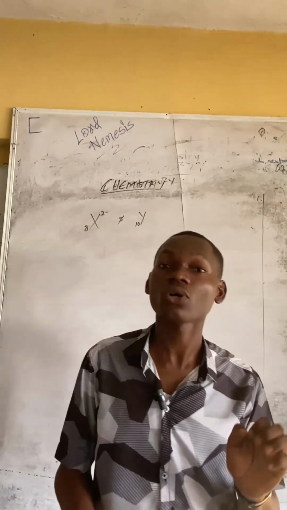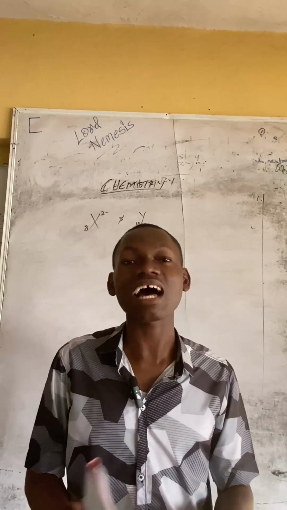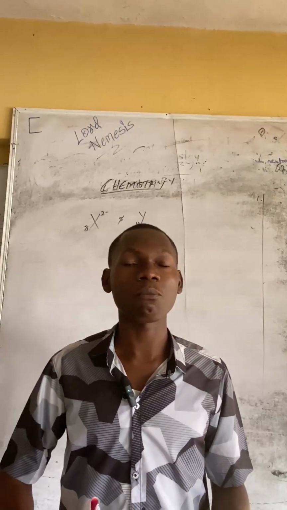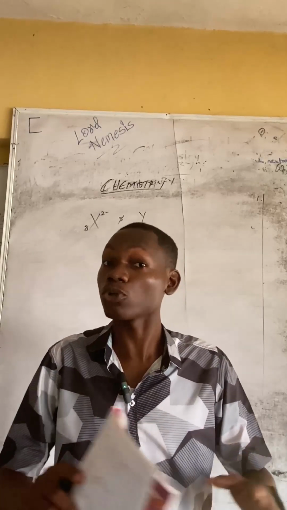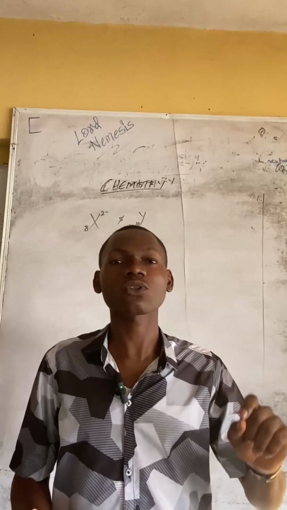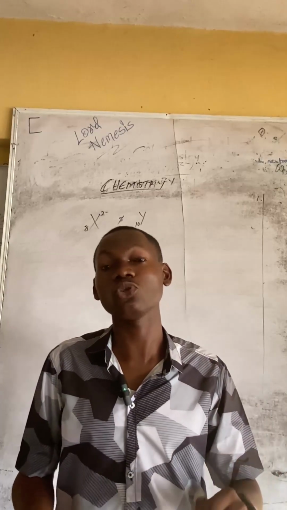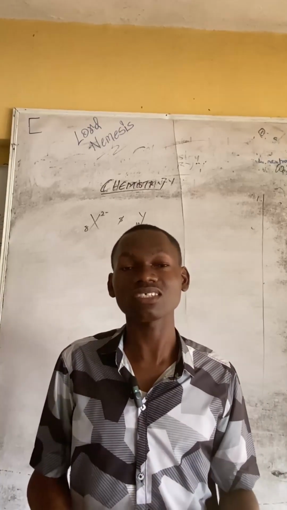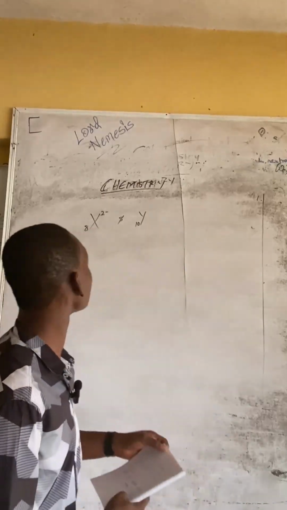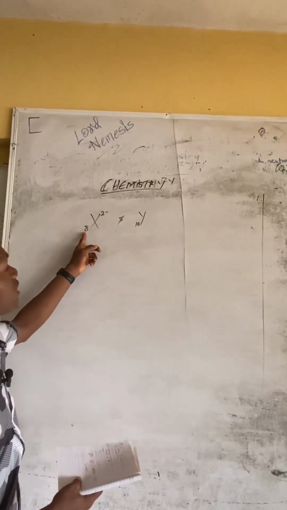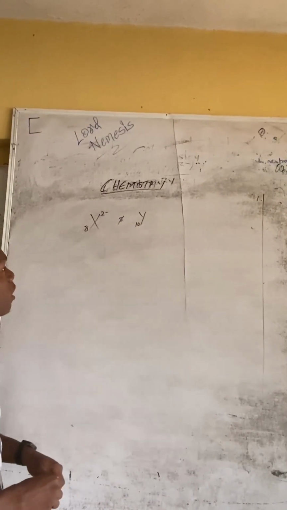Isoelectronic simply means atoms that have different proton numbers, but the number of electrons found in them is the same, due to loss or gain, or in a neutral state. You can see the proton number of X is 8 and Y is 10.